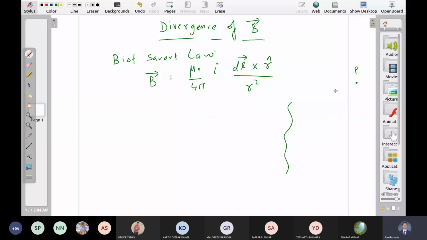So let me first draw a coordinate system, then only we can find the divergence. Let us say the coordinate system is this.